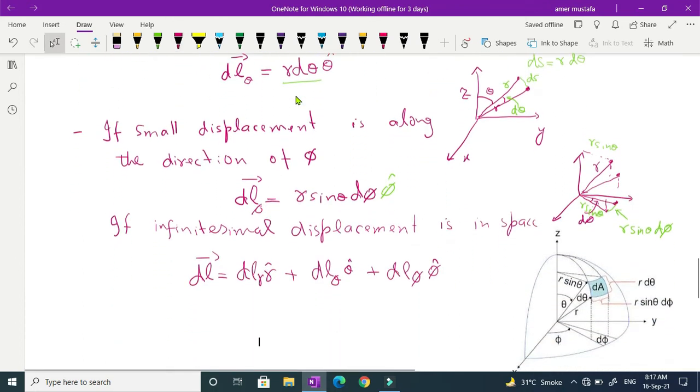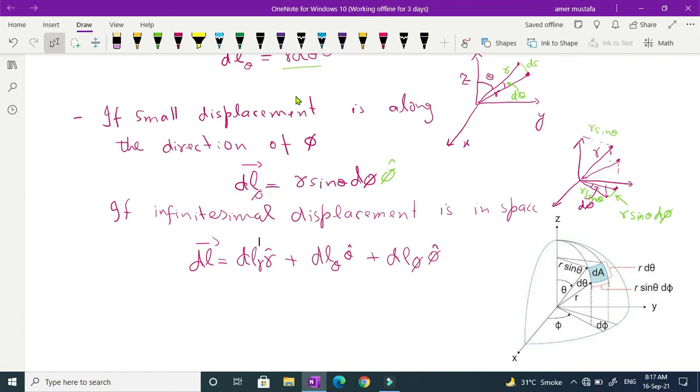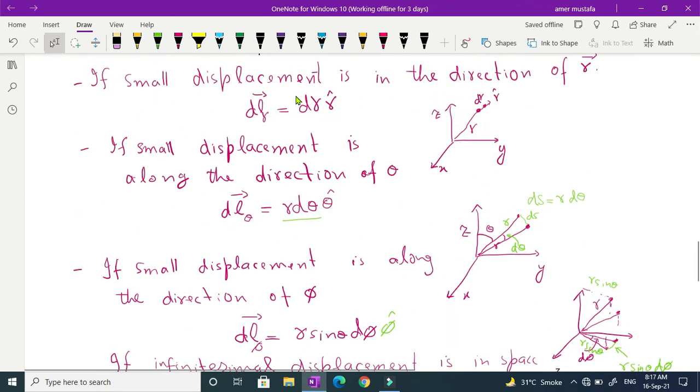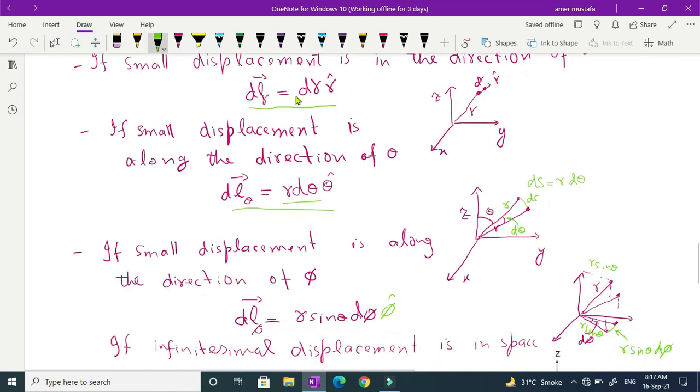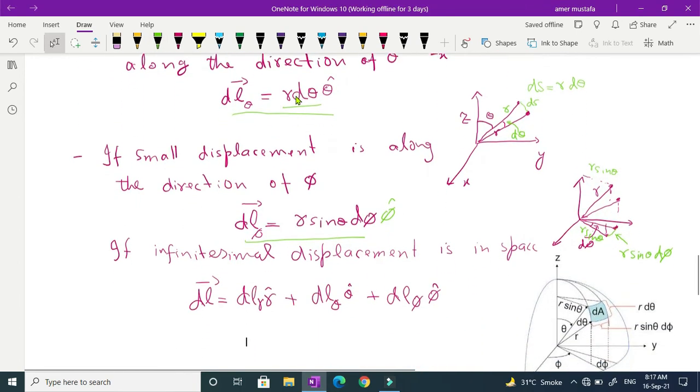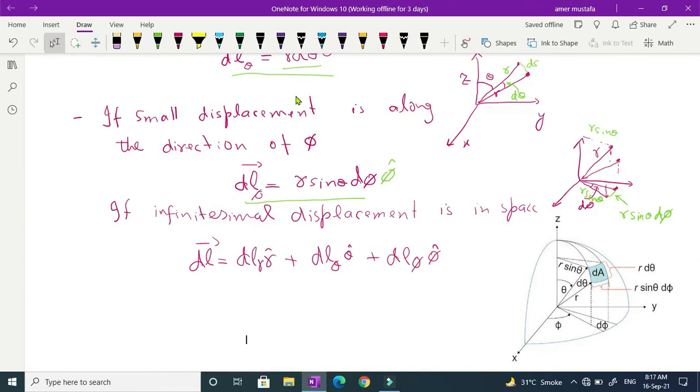So putting the values of dl r, this is the value of dl r, this is the value of dl theta, this is the value of dl phi. Putting here, we get the infinitesimal displacement in space.